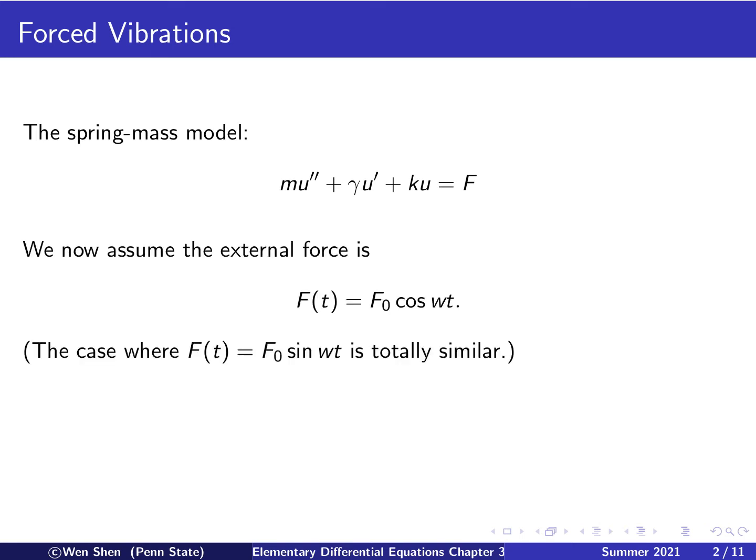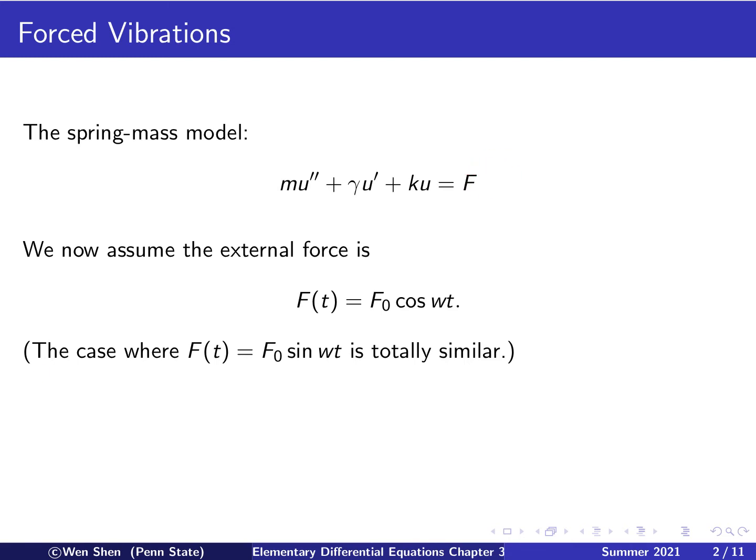And for the discussion of this chapter, we will restrict the external force to the following form. F as a function of t is F naught times cosine omega t. F naught is a constant and omega is a constant, so it's a cosine function on the right-hand side basically.